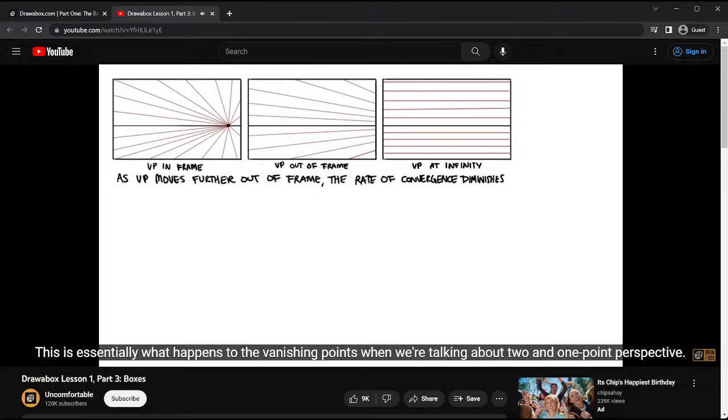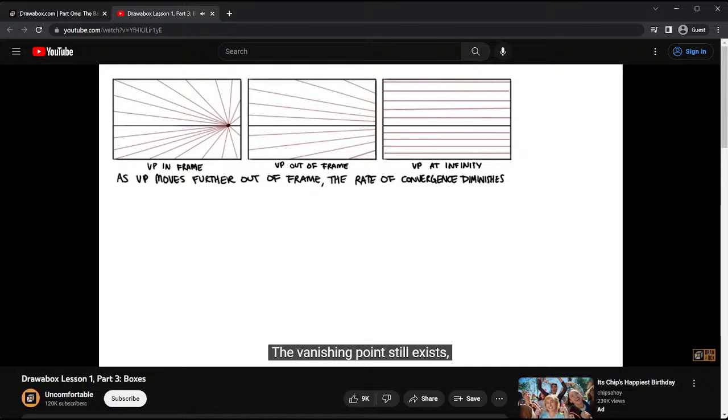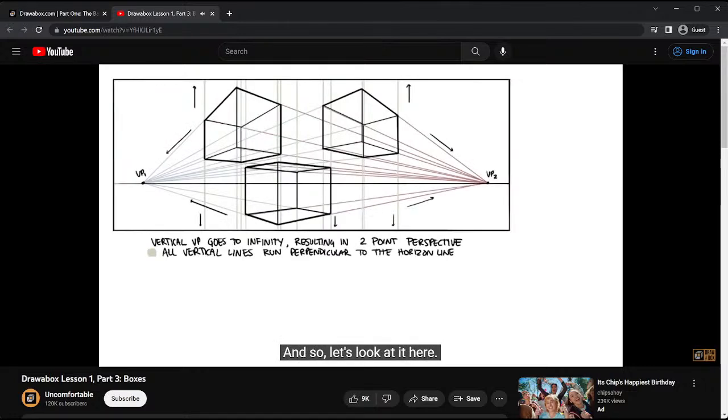This is essentially what happens to the vanishing points when we're talking about 2 and 1 point perspective. The vanishing points still exist. They've just been moved so far out of the frame that the convergence to those vanishing points no longer is really visible. So the lines essentially start behaving as being parallel to one another again, even though we're talking about 2D space. And so let's look at it here.